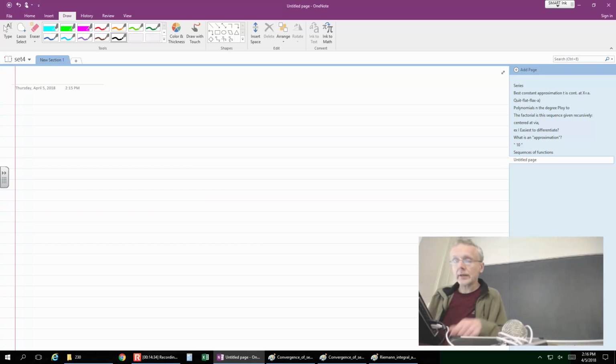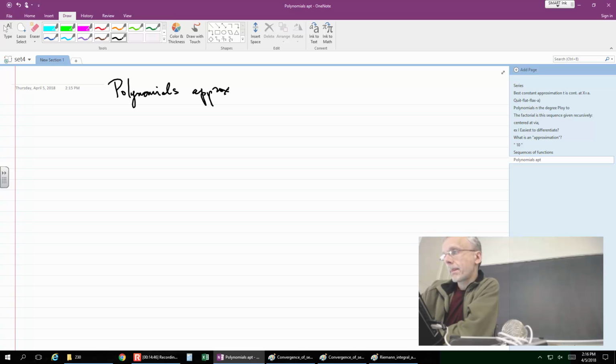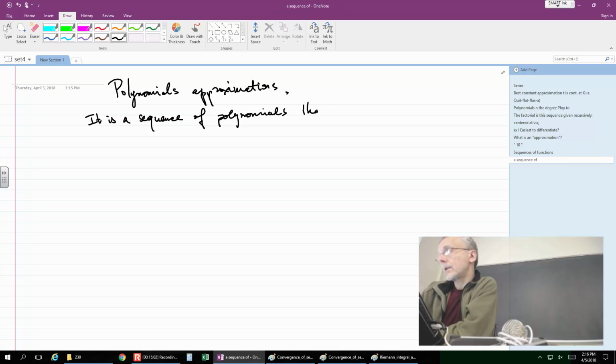And Taylor, the word, is slightly misleading, because what's important is that we're talking about polynomial approximations. And so what is it? It is a sequence of polynomials that converge to f.